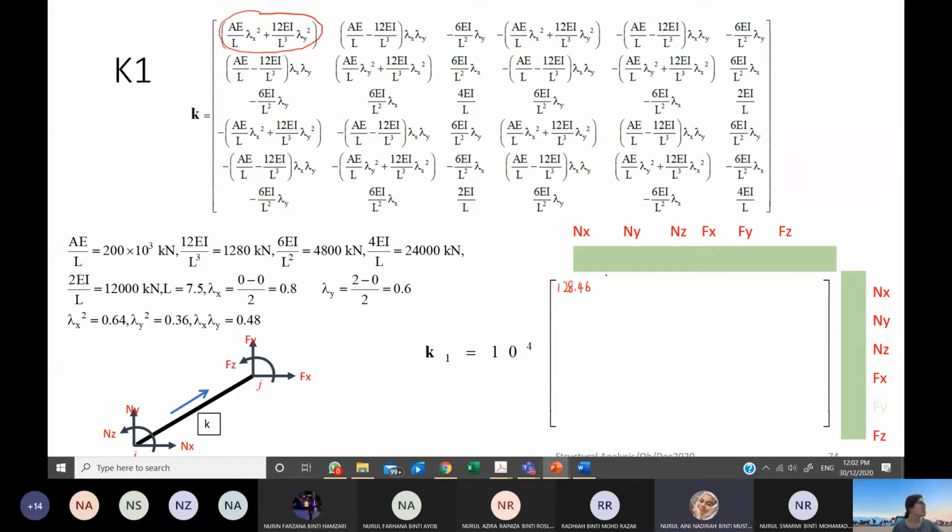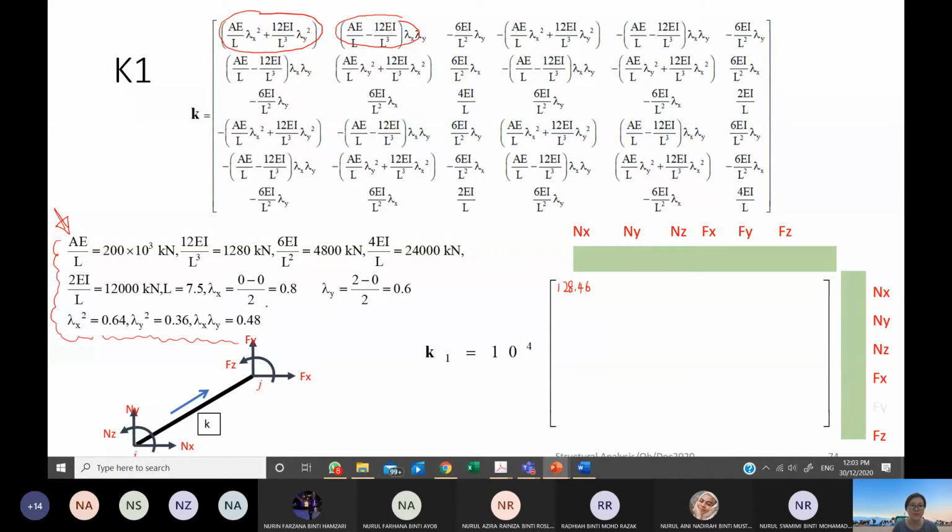So next value, for this one. For those who still do not know what you need to do, you have determined the AE, 12 EI, and so on in your earlier solutions.